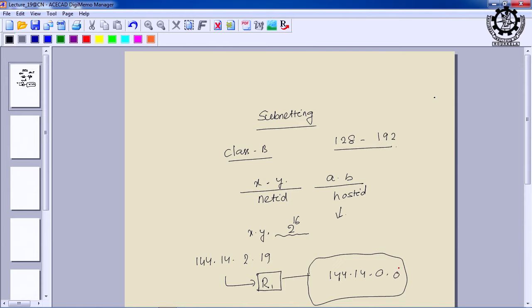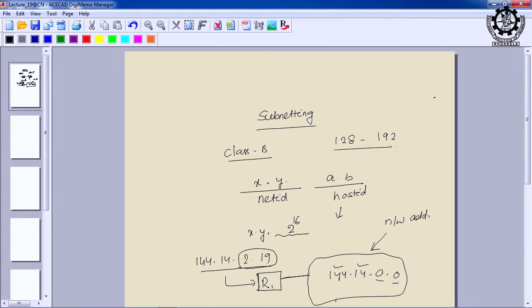Now, you understand why I put this 0.0: if I put 0 in the host ID, it means this is the network address. So, when the router gets the packet, it understands that the network to which it is connected is the 144.14 network. So, definitely this host is in my network.